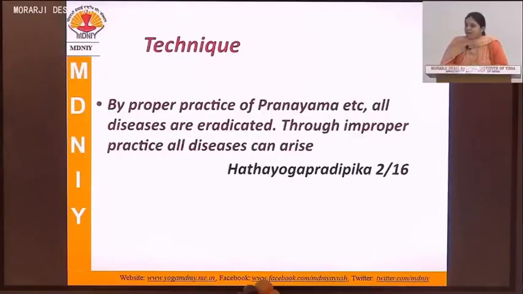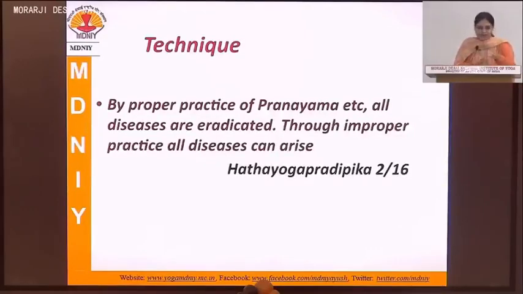Now the technique. By proper practice of pranayam, all diseases are eradicated. Through improper practice, all diseases can arise. There is a shloka: pranayamena yuktena sarvaroga kshayo bhavet, ayuktabhyasayogena sarvaroga samudbhavah. By doing pranayam with proper technique, all diseases get destroyed.